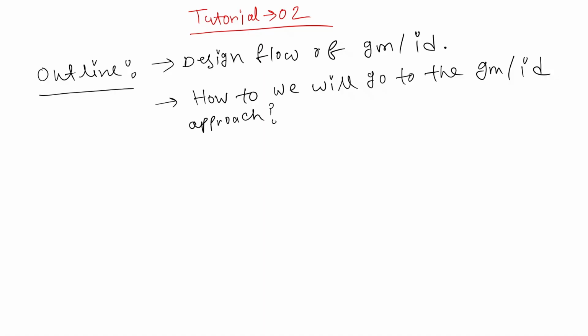In the GM over ID technique, our design flow will be like this. Suppose we have some specification, then we will do some hand calculation.